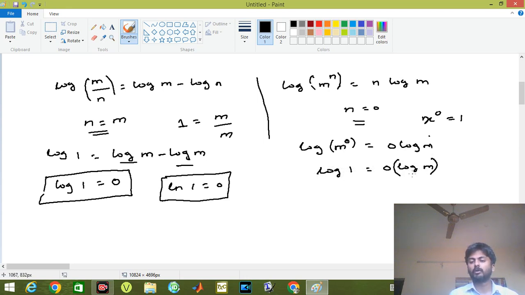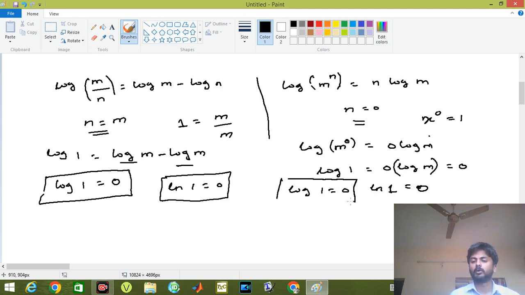We don't know the value of log m, but we know that fundamentally any value multiplied by 0 will give you the result 0. So log 1 equals 0 if the base is 10, and natural log of 1 equals 0 if I am having base e.